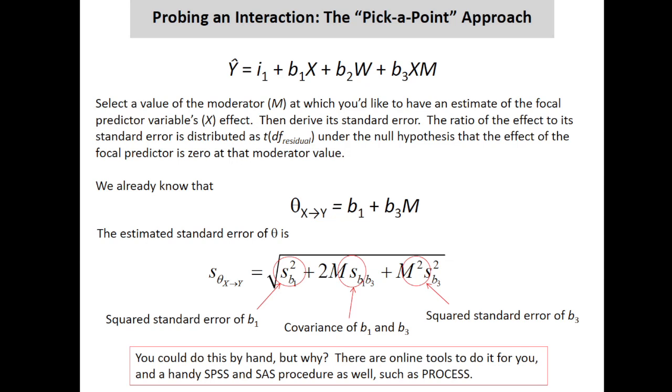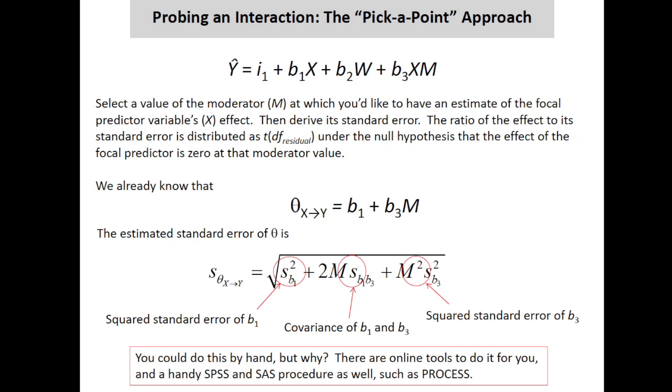So when we probe an interaction, we're focusing ourselves on picking values of the moderator and then testing a hypothesis about the effect of x on y at those values. So select a value of the moderator at which you'd like to estimate the focal predictor's effect. Then we'll derive its standard error and proceed as always. We can use that information to test a hypothesis or to generate a confidence interval for the conditional effect, theta xy.